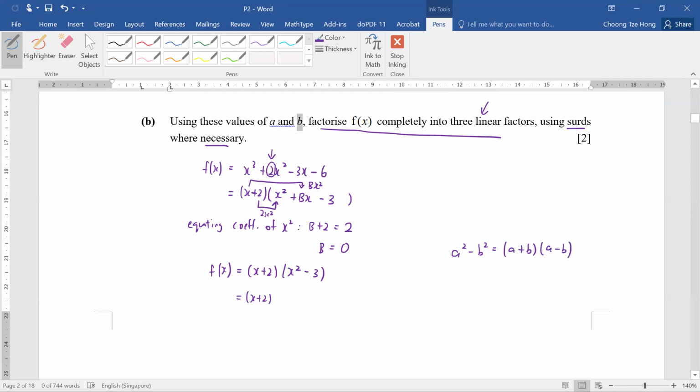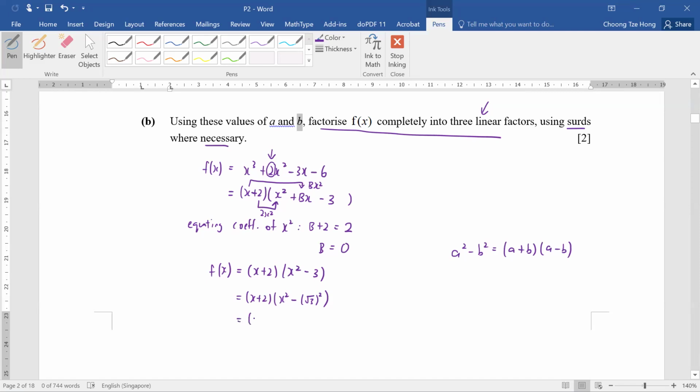So over here we will have x squared minus square root 3 squared. To put it in the form a squared minus b squared, we will represent the 3 as square root 3 whole thing squared.